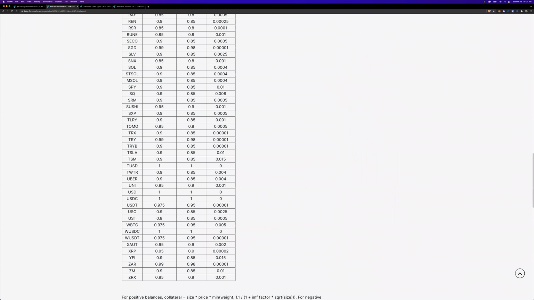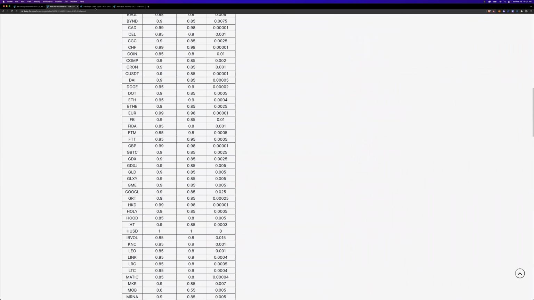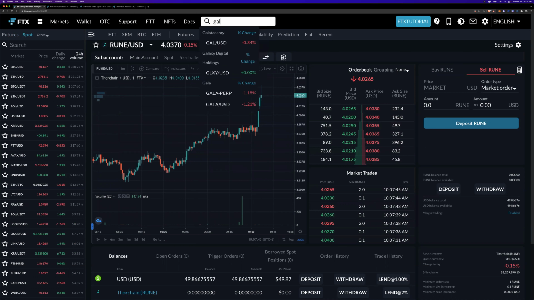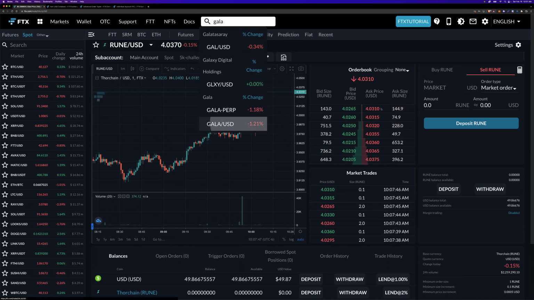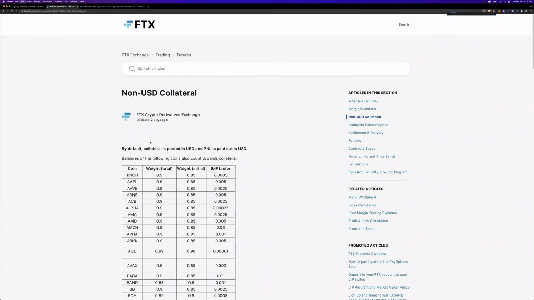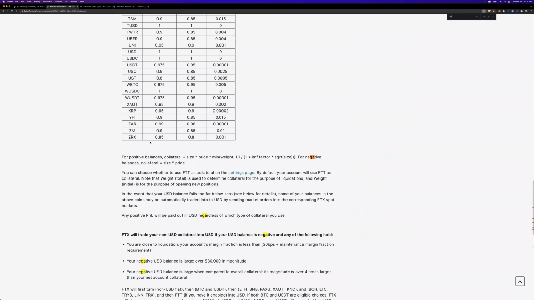So this is where they'll show you all the things that have weight against collateral. So let's just see if Gala does. Gala is another one. I'm not quite sure if it does have collateral. So you have to go on this page and see, does Gala show up on this page?